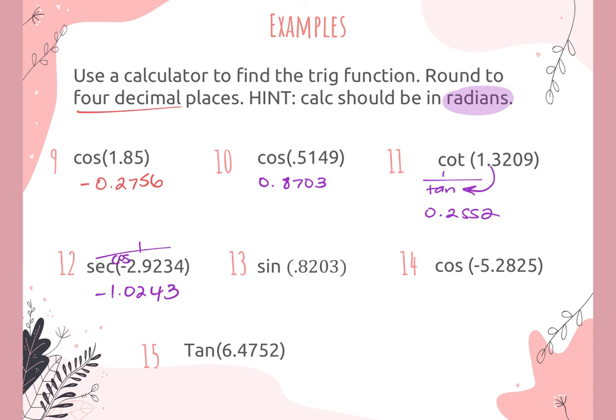Back to just regular sine, 0.8203, 0.7314. Cosine, negative 5.2825, and I get 0.5397. And tangent, 6.4752, 0.1944. So those are your straight up, just plug them in, but you've got to make sure you're in radians.